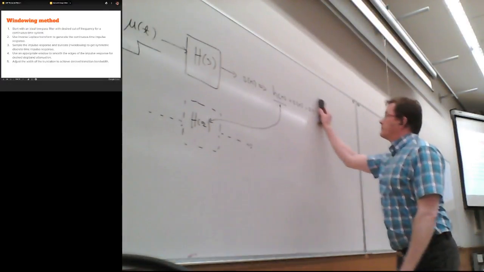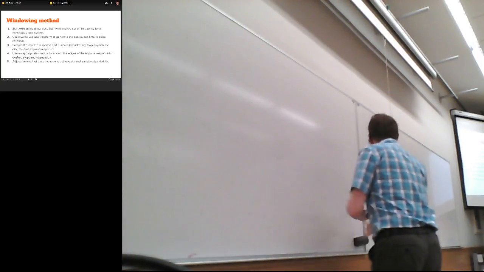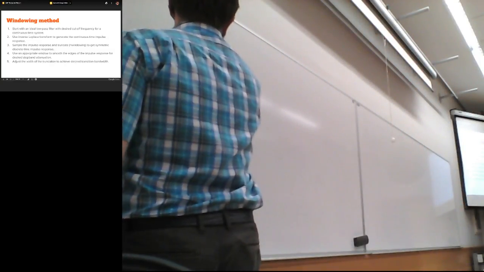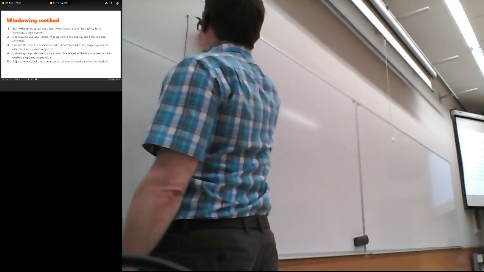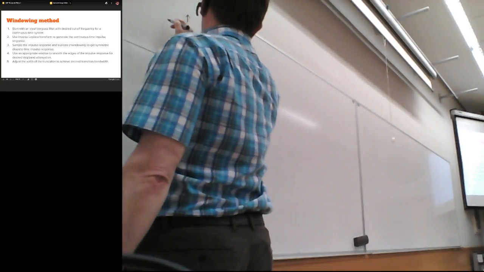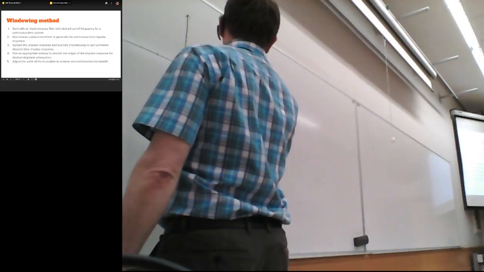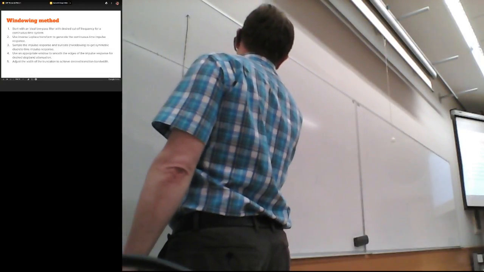But practically everything starts from the ideal case in continuous frequency space. An ideal case for low pass would be, or should I actually mark it F? Okay, I'll just mark it F.